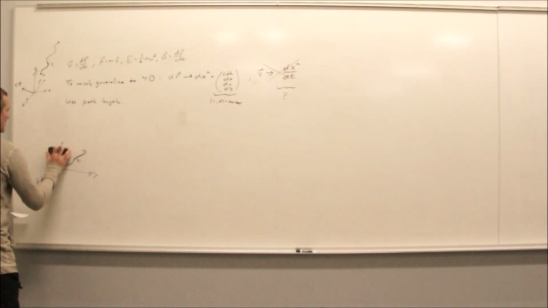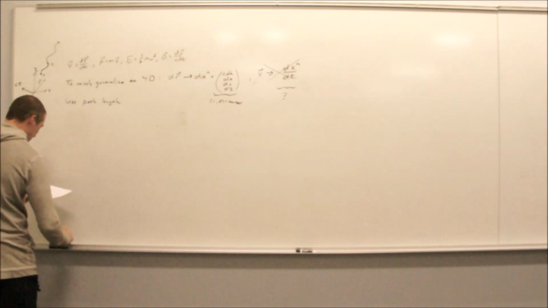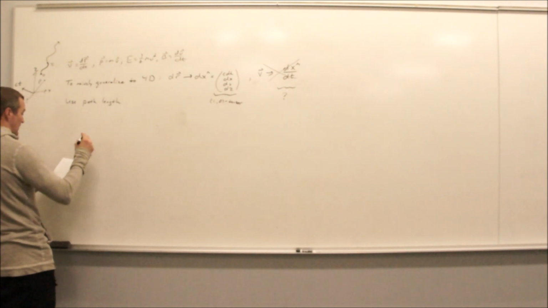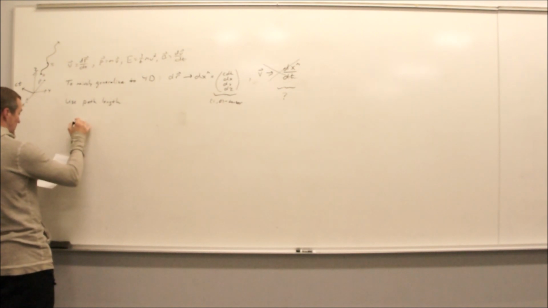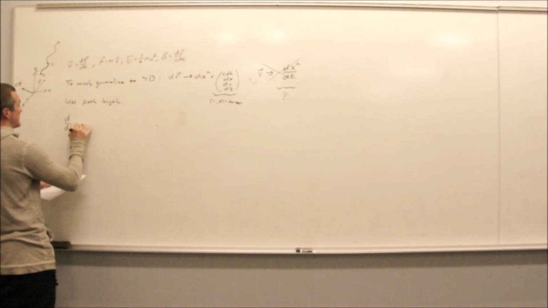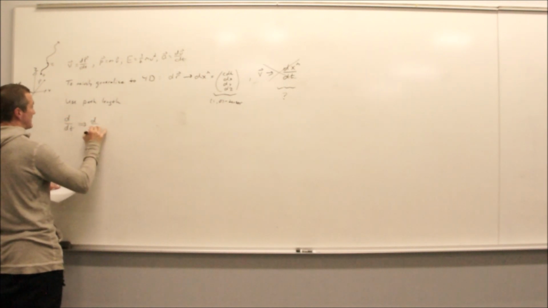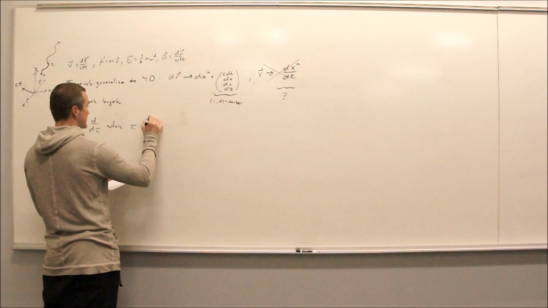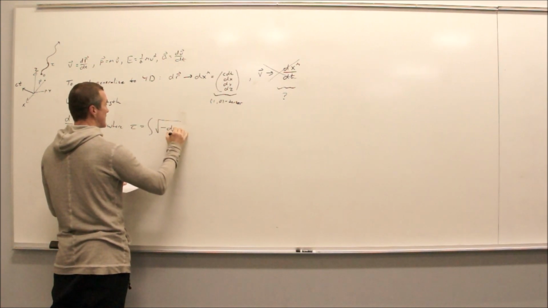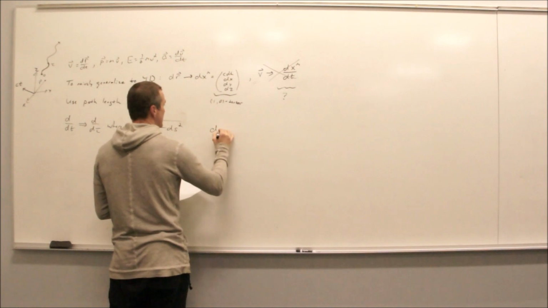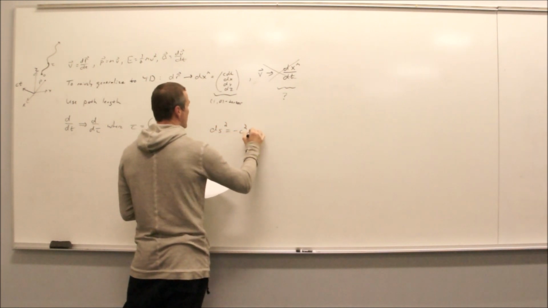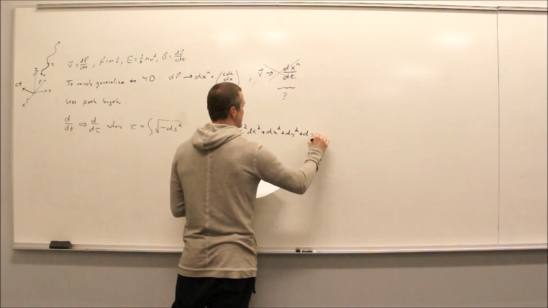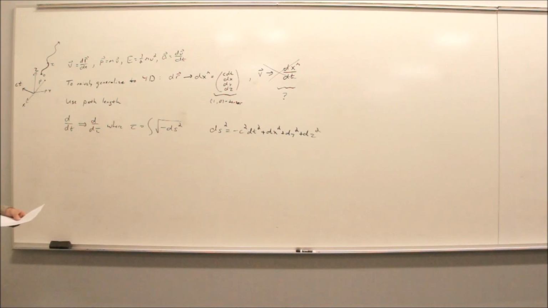Okay, so let me show you how to determine this path length. The way that we're going to do it is we're going to replace d by dt with d by d tau, where tau is defined as the integral of the square root of minus ds squared, where ds squared is minus c squared dt squared plus dx squared plus dy squared plus dz squared. Okay?